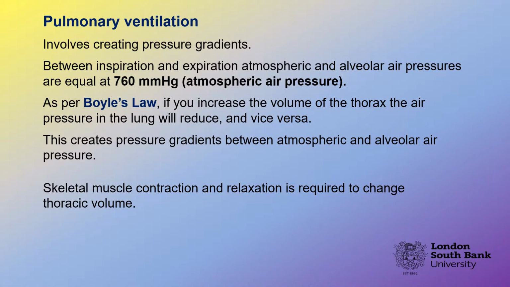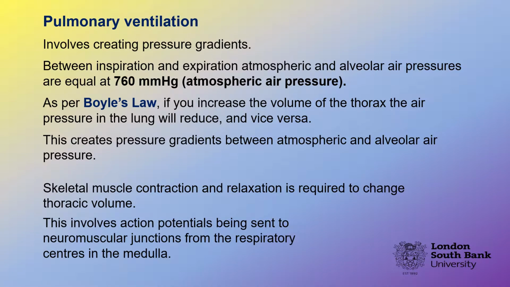Of course, to do this, we need skeletal muscles to contract and relax in order to change that thoracic volume. This involves a neural control, so we're talking about action potentials being sent to neuromuscular junctions.